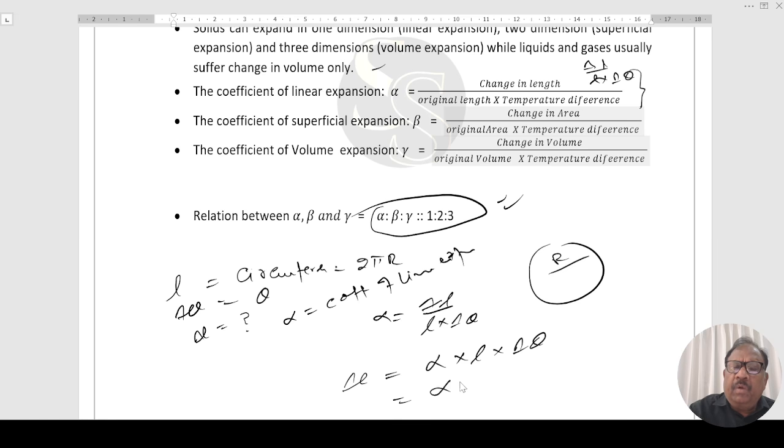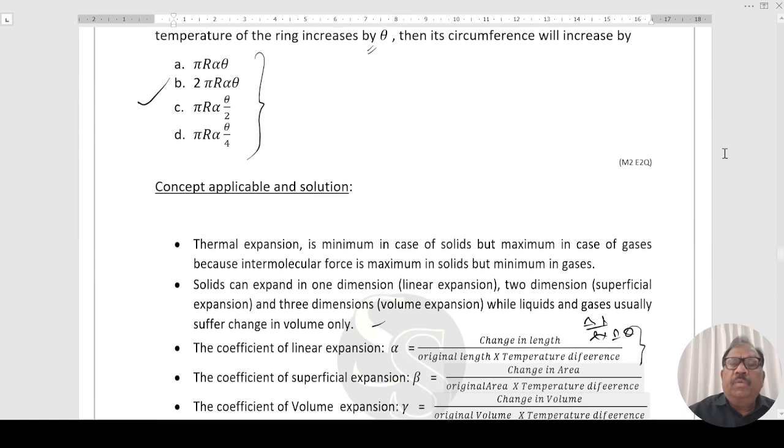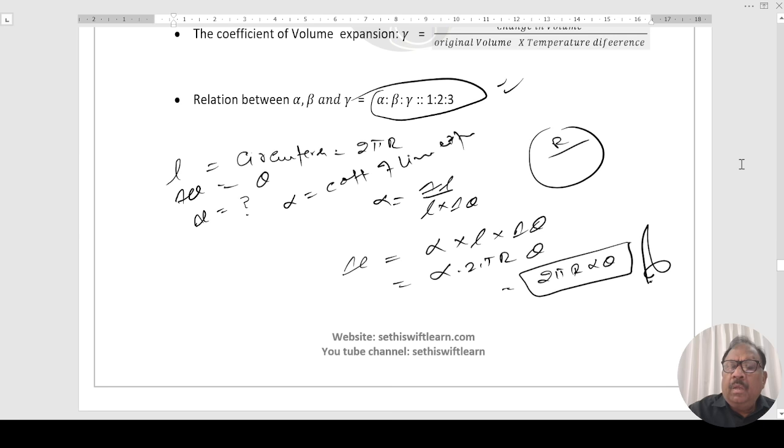Substituting the values, alpha into 2 pi r into theta. So on simplification, 2 pi r alpha theta. I think this is the answer. Let's see, 2 pi r alpha theta is the B option. B option is the correct option. Right. Next question.